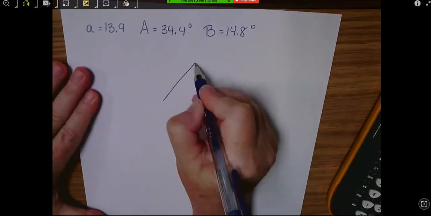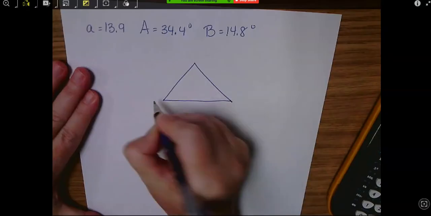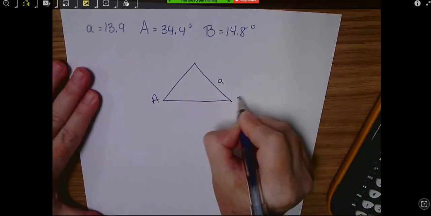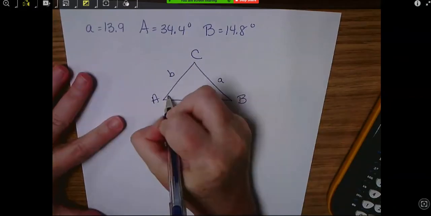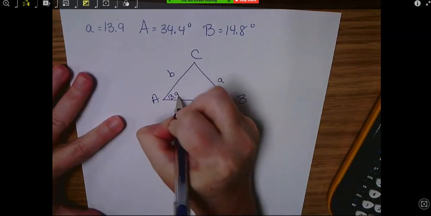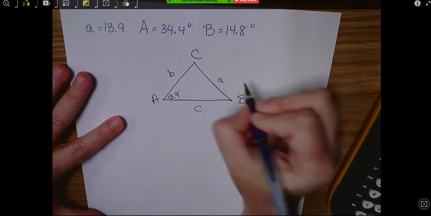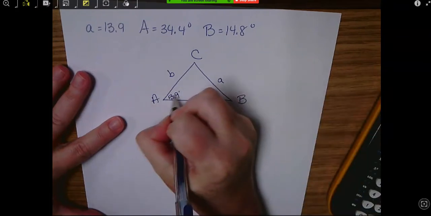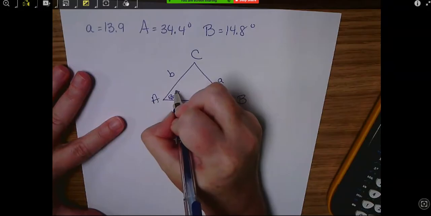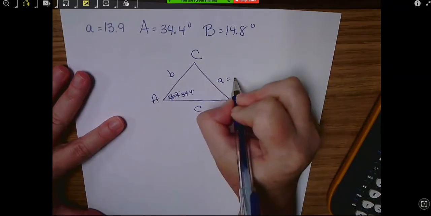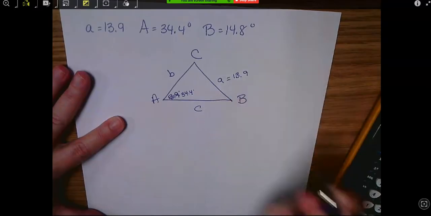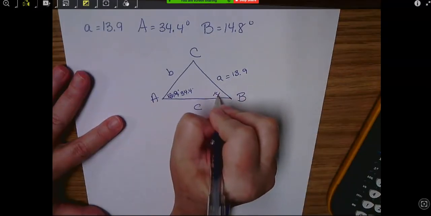So let's draw this out. A, B, C, and c. No, you're right, that should be 34.4. Oopsie daisies. And 13.9. Big B is 14.8.